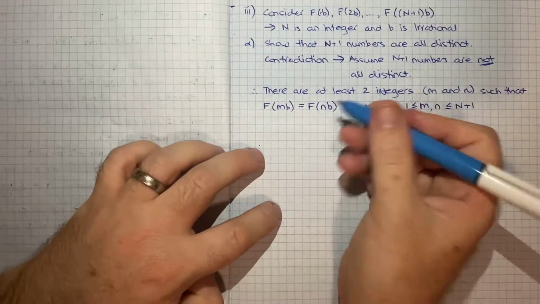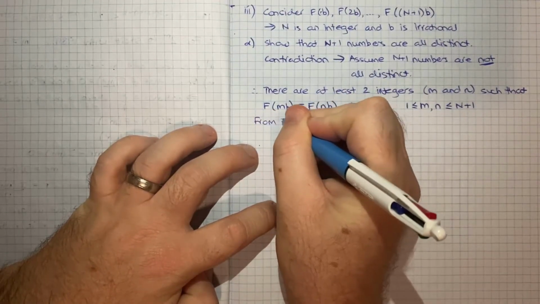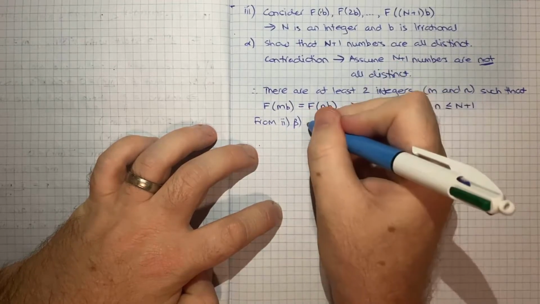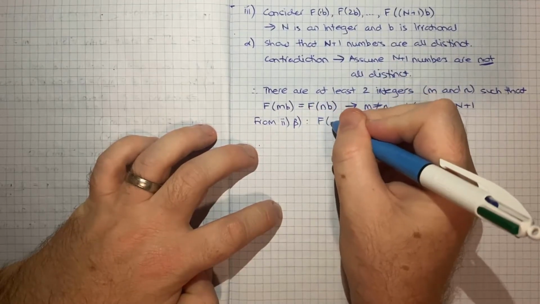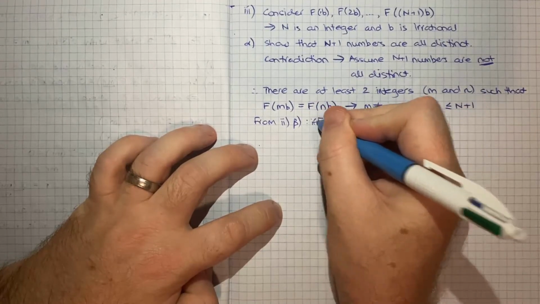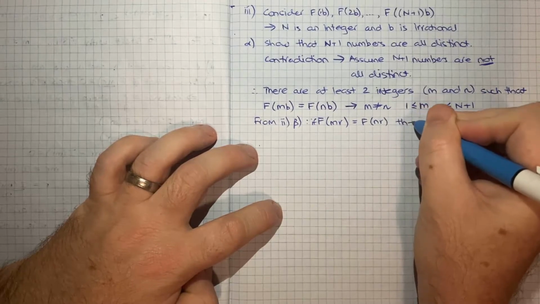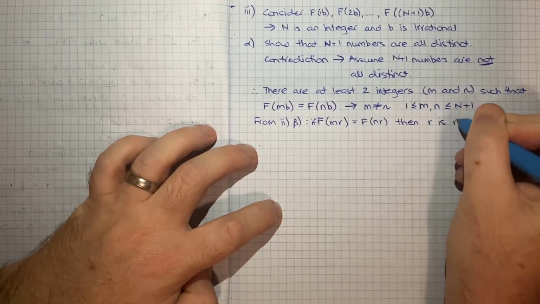So we can point that out. From 2 beta, we know that if f of mr is equal to f of nr, then r is rational.